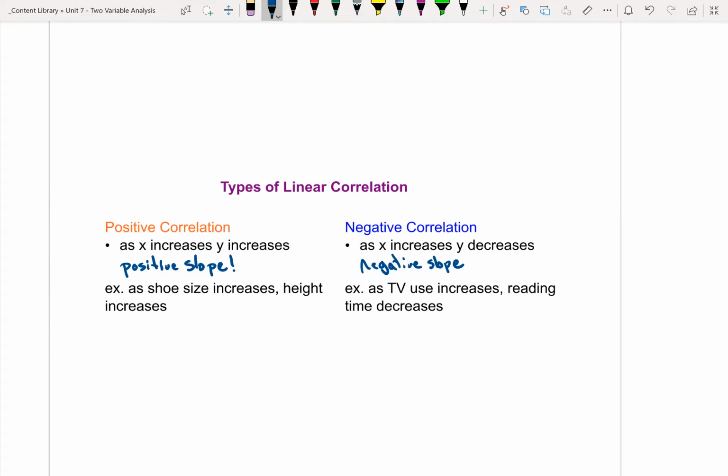So as TV use increases, reading time decreases, or if you look at the other example, as agreeableness increases, behavioral problems decrease. Time spent on social media increases, school marks decrease, something like that. So as one increases, the other decreases.